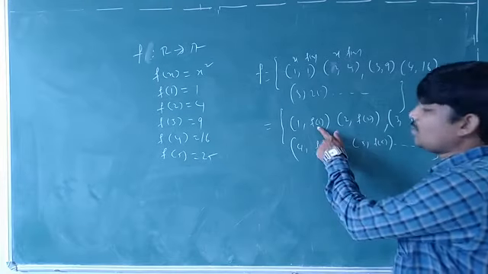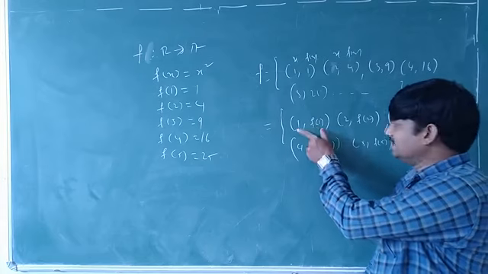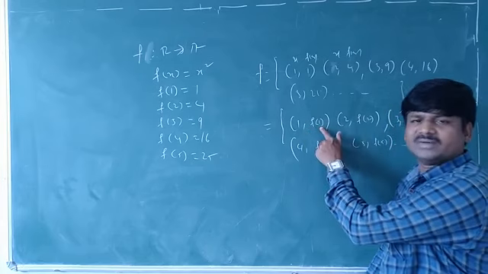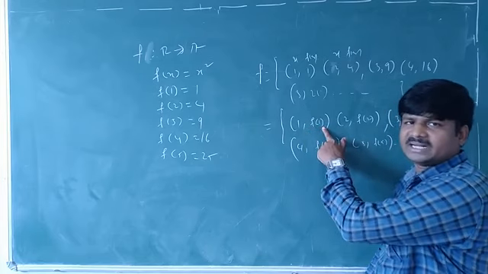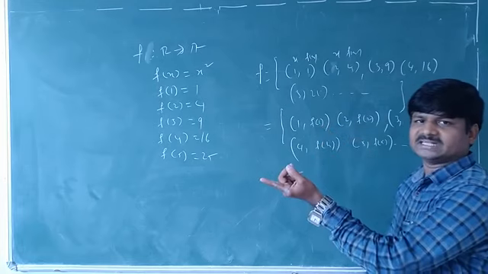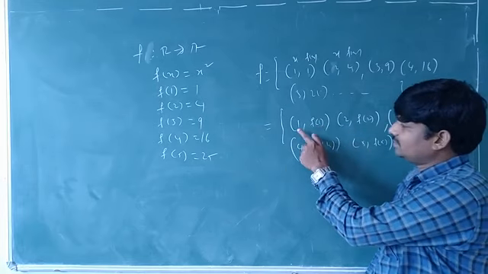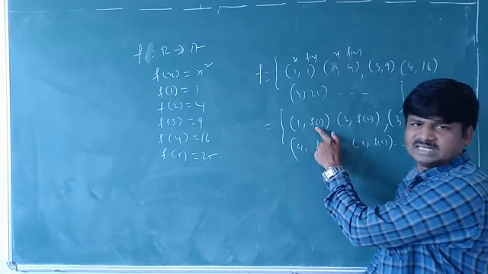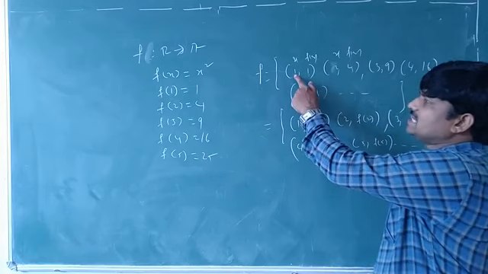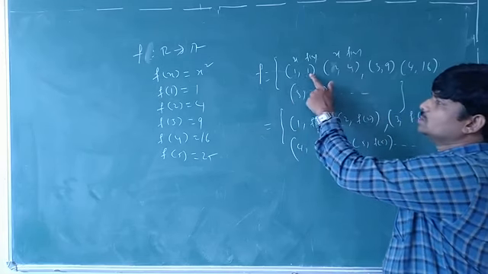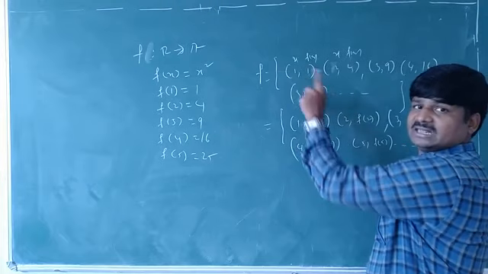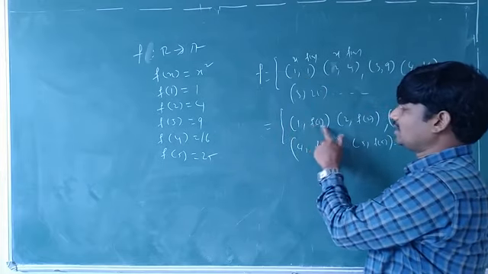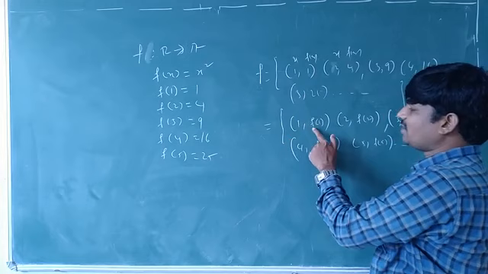That means the second value in this ordered pair, what is that? It is the image, or range element. How will you write the range element? 1 is the image of 1. 4 is the image of 2. So that is why for 1 you write f of 1.